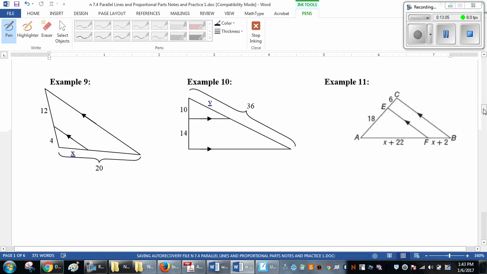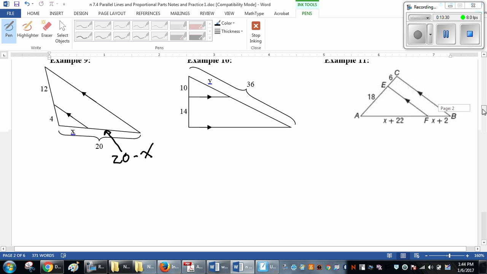Now again, this is really straightforward, but look at what's given here in example 9. I have that 4 is that small piece, 12 is the other piece on that side, x is one piece, but now I know the whole side is 20, so I need to make an expression for this. I'm not going to use 20, I need that piece. The whole side is 20, the top piece is x, or the left piece in this case. That means that piece that I want is 20 minus x.